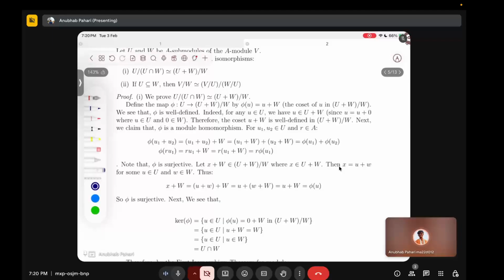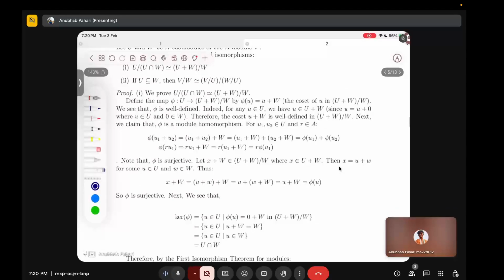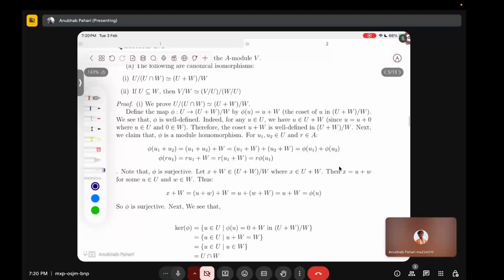So this is a module homomorphism. Now we have to show that this is surjective.